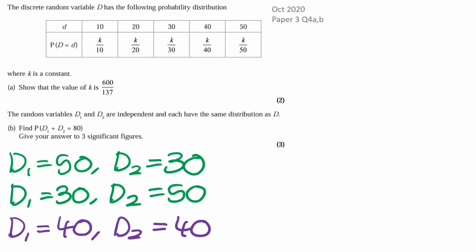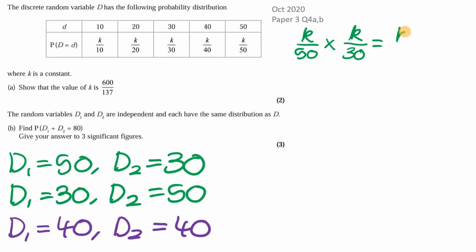Okay, so let's consider the probabilities of these three scenarios. Let's start with this one here. For the probability of this scenario, we need d1 to be equal to 50. The probability that d1 is equal to 50 is k over 50, multiplied by the probability that d2 is equal to 30, which is k over 30.